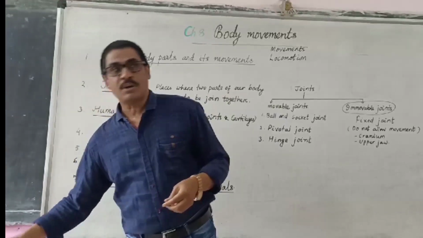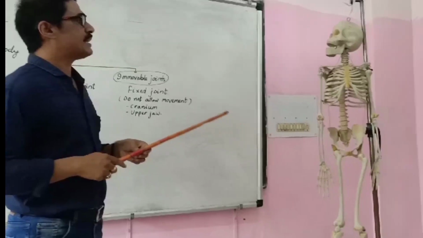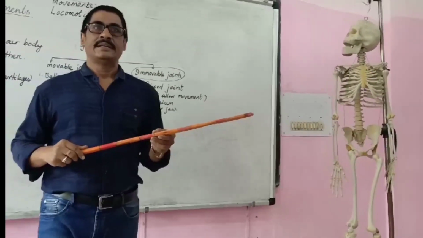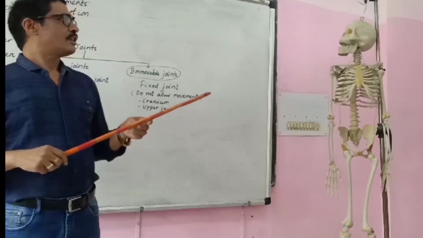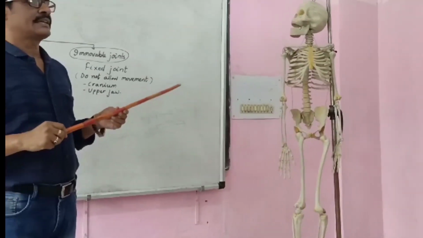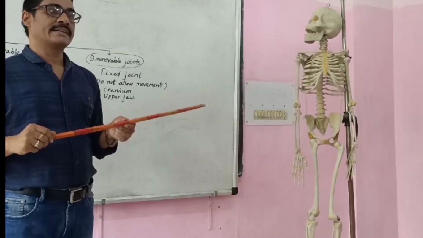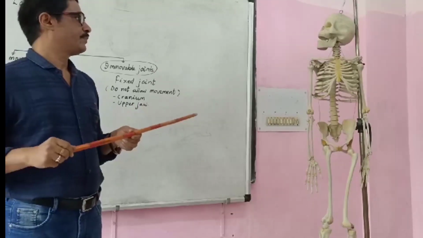Similarly, the whole body consists of the skeleton. It gives a framework to the body. It also gives support and shape to the body. Another important function of the skeleton is that it protects the important internal organs of the body.